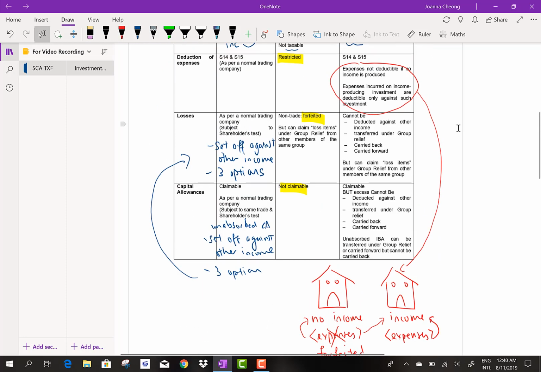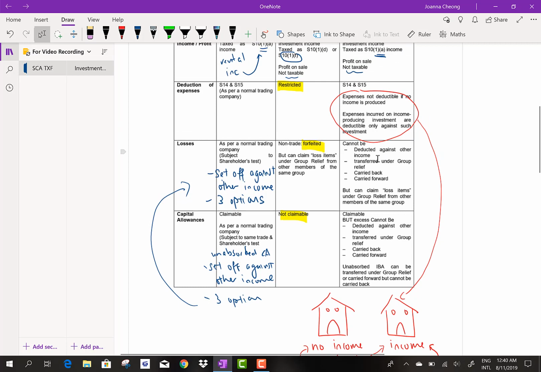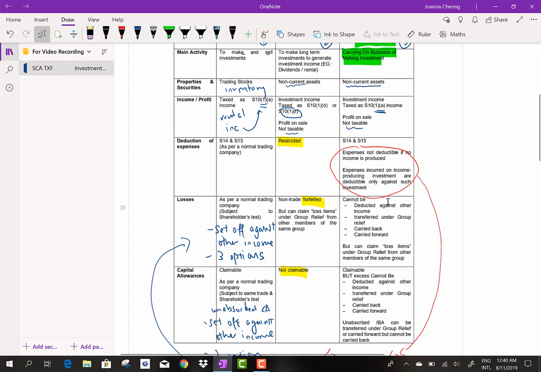Now, what else do you need to take note of? For losses, they will be totally forfeited in the event that you have unabsorbed losses. You can't do anything with them. The only thing that may not be forfeited is this part here.